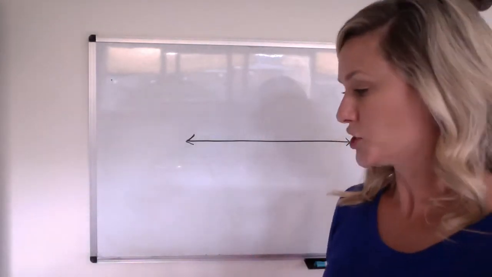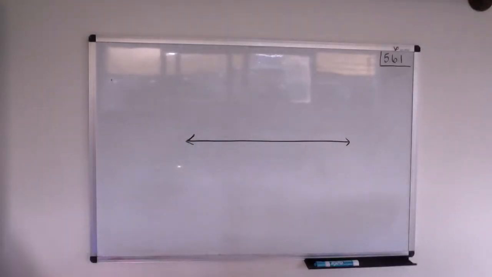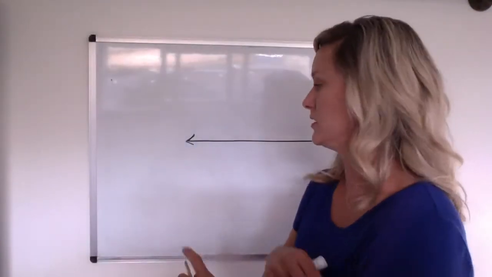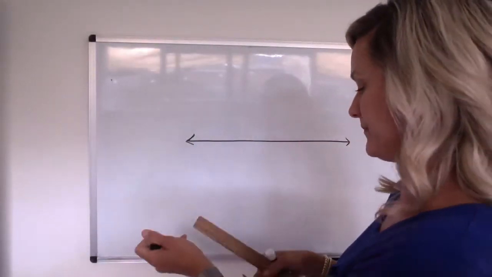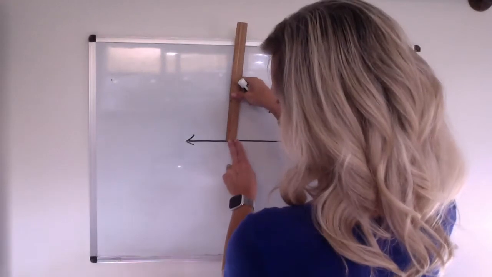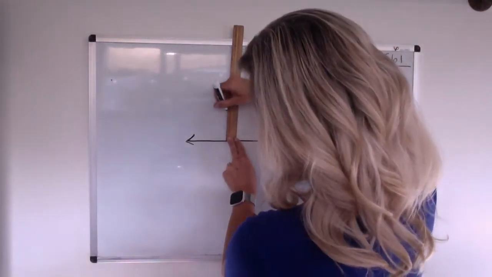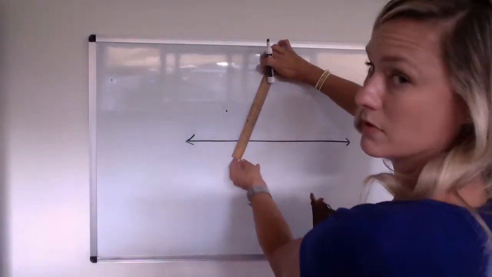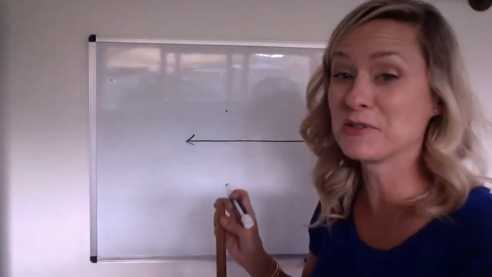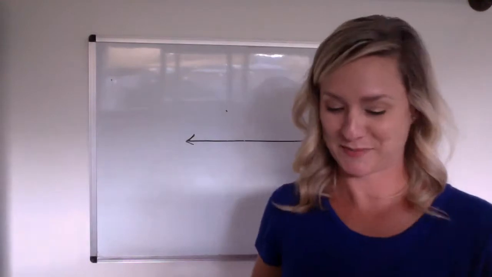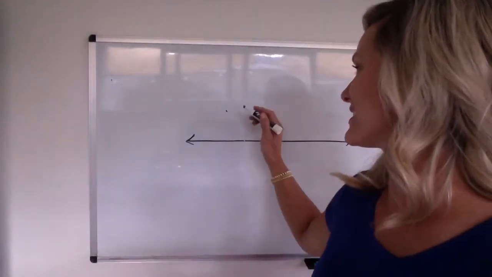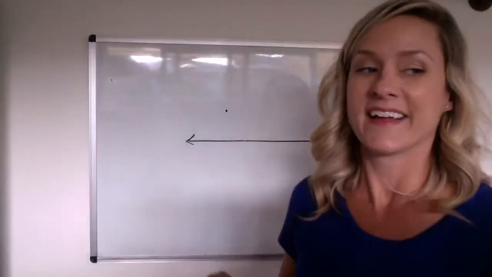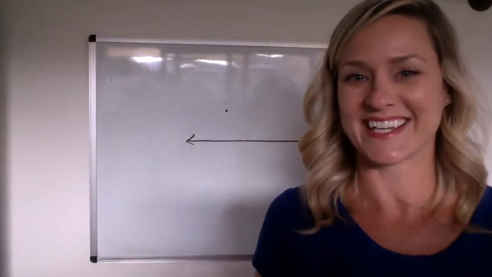I'm going to get my ruler. I'm going to put a little dot right there at the 3-inch mark. I will not be taking out these bloopers because you know I'm clumsy. I'm going to put a little mark right there, and I'm going to call that point A.